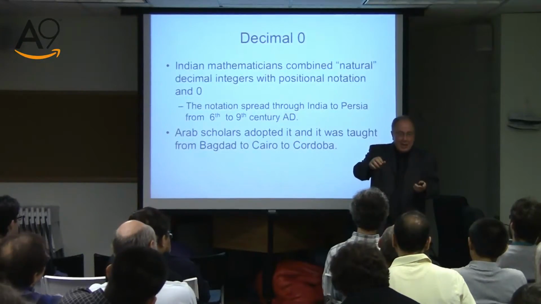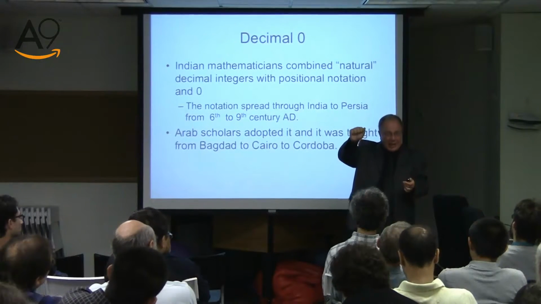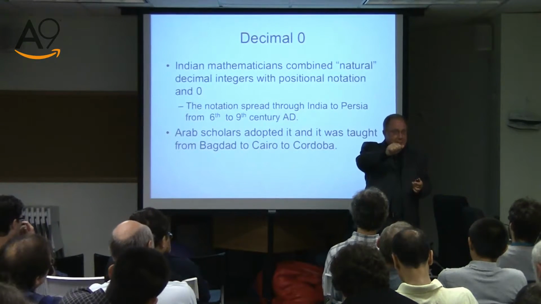No, they didn't have 10 digits. That's the peculiar thing, that astronomers had 60 digits, but merchants didn't have a sign for 0. For example, for 11, you would write 1 and 10. It's positional, if you like.